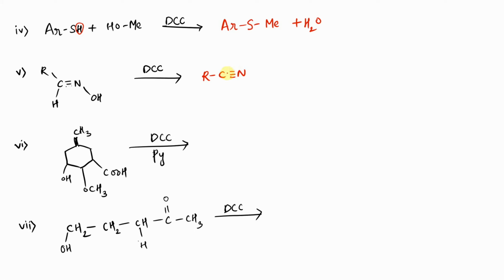Now, if you consider the sixth example, we have an OH group, a COOH group and an OCH3 group attached to a cyclohexane ring. As I said earlier, if you have an acid and an alcohol group present in a ring molecule, then what we observe is the formation of an additional 5-membered ring structure.